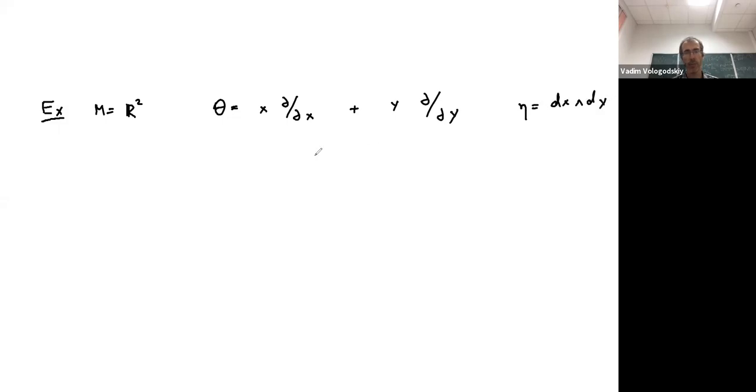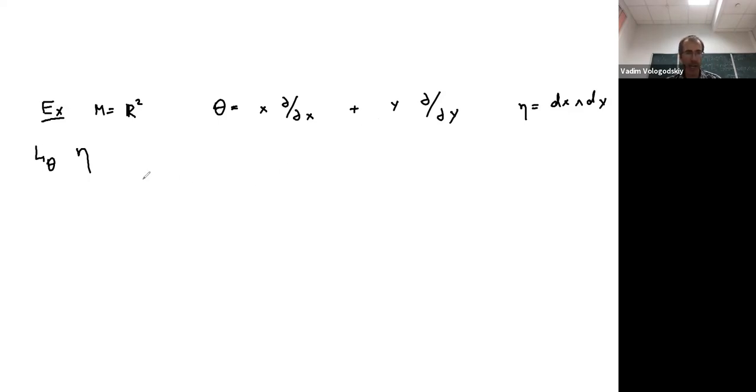And let's try to compute the Lie derivative of eta with respect to this vector. Well, this seems to be a very difficult problem because computing the Lie derivative involves finding this one parameter group of diffeomorphisms, which in turn amounts to finding integral curves for a vector field, which is equivalent to solving an ordinary differential equation, and this could be very difficult.